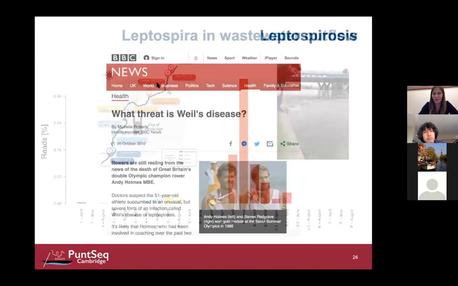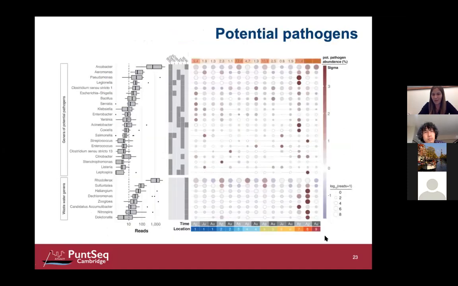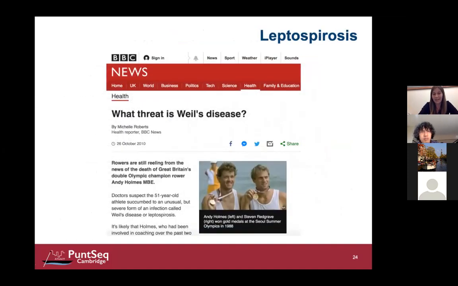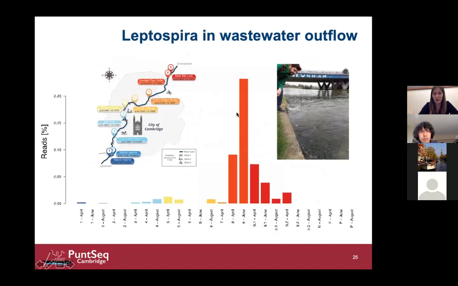And if I can show you this picture again, at sample 8 we find all the wastewater-associated bacteria, which makes a lot of sense because they've been used in the wastewater sludge and are now being flushed out. But as you see on this picture, we also see a huge relative increase of the Leptospira genus reads that obviously come, and you see this here on the picture, out of this sewage water outflow.